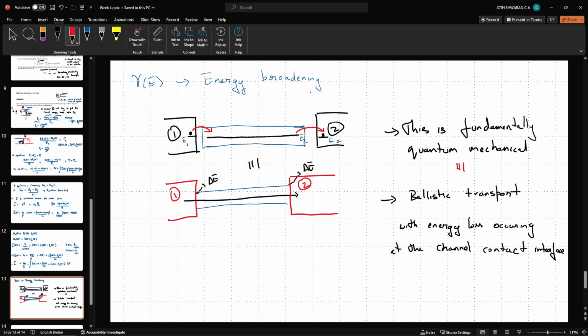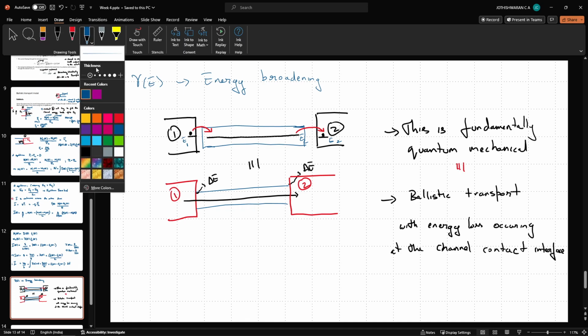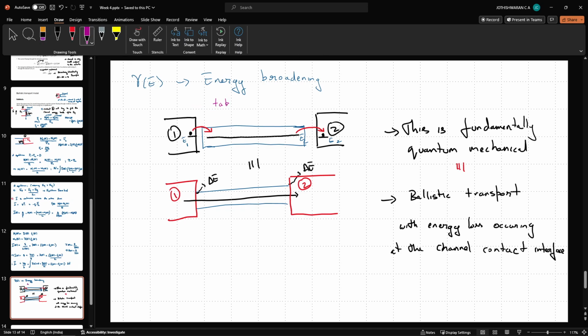Now what does energy broadening signify? It just signifies this. When this process happens, it takes a time tau. So this is where our transit time comes from. Transit time is not the time it takes to move in reality.